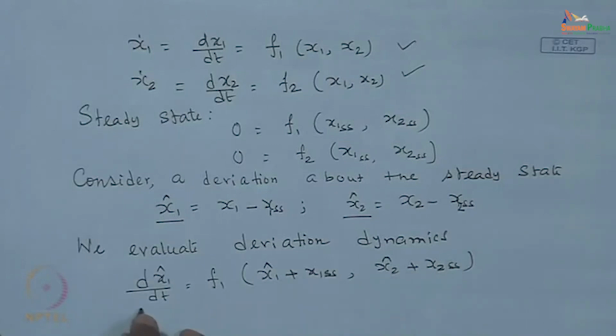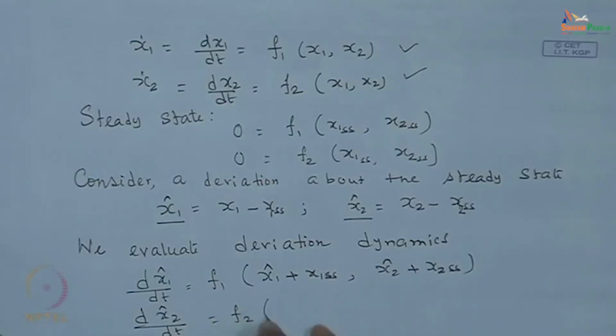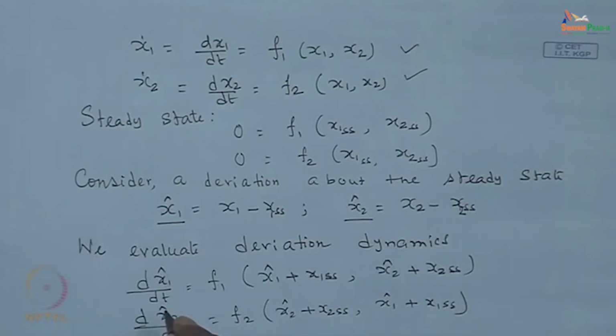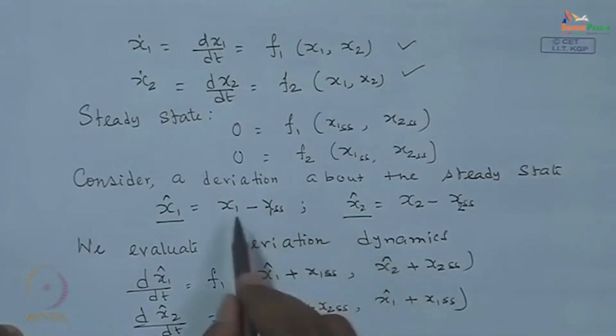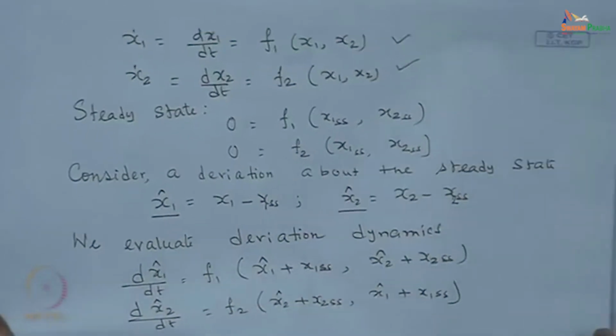And similarly, we have dx2 hat dt is equal to f2 of x2 hat plus x2 ss and x1 hat plus x1 ss. Now, we express the dependent variables x1 and x2 in terms of deviation variables x1 hat and x2 hat. So, next we linearize the problem about the steady state.